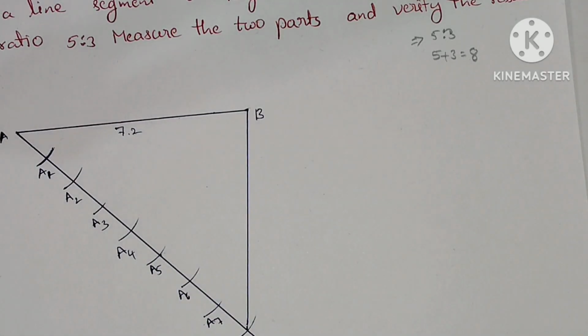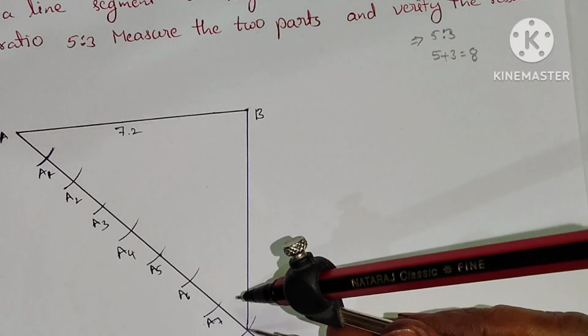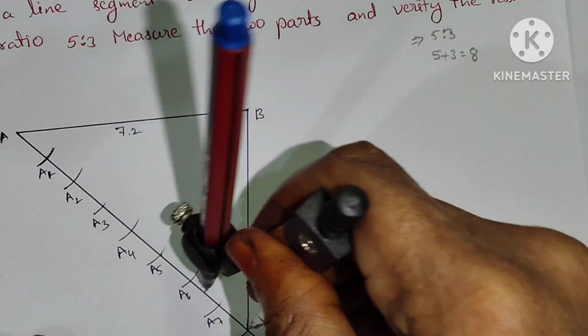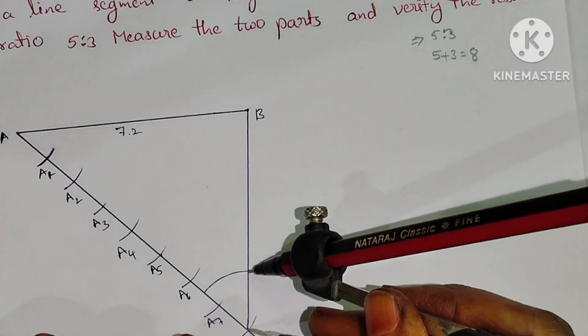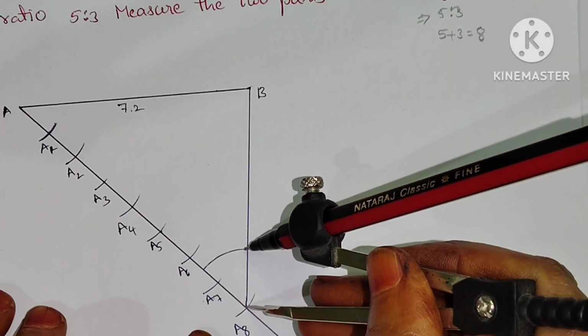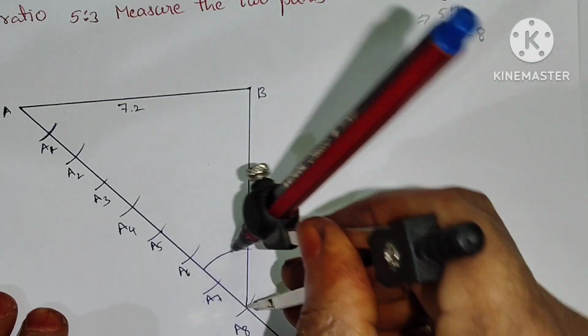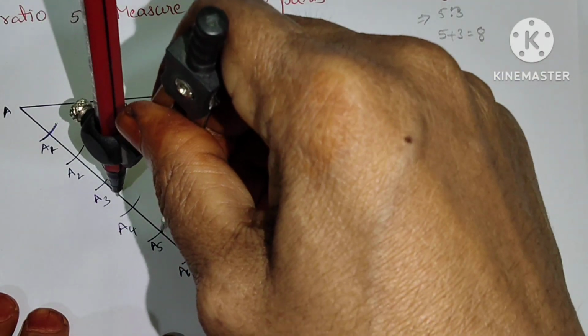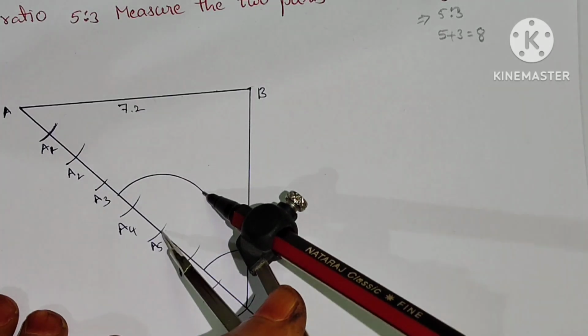So here we use the rounder. First, we draw one arc based on A8. Now, based on A5, we draw another arc.